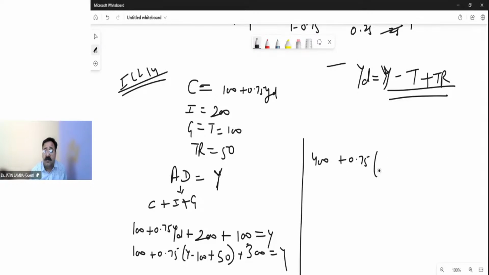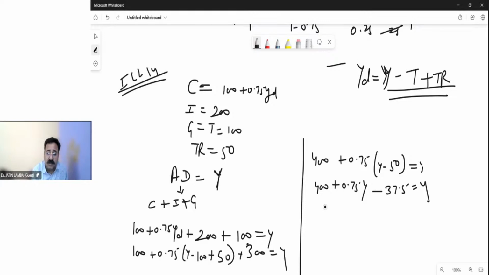0.75 Y minus 50 minus 100 plus 50 minus 50 is equal to Y. 400 plus 0.75 Y minus 75% of 50, right? That will be 37.5. So 400 minus 37.5 is 362.5.